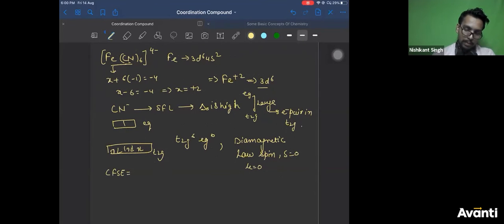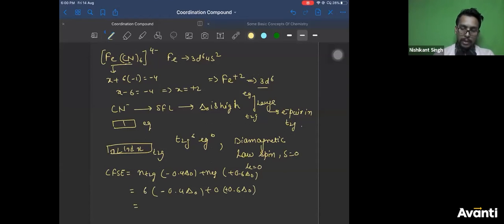CFSE is the number of electrons in T2G into minus 0.4 delta O plus the number of electrons in EG into plus 0.6 delta O. In T2G you have 6 electrons into minus 0.4 delta O. In EG you have 0 electrons, so it does not matter what you take. So it comes out to minus 2.4 delta O.